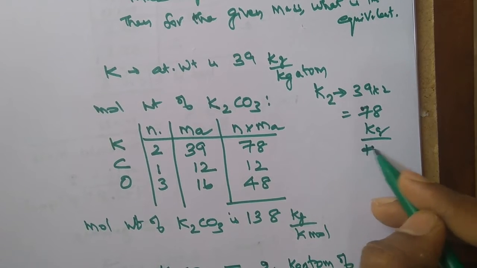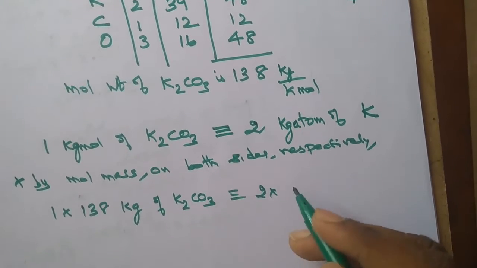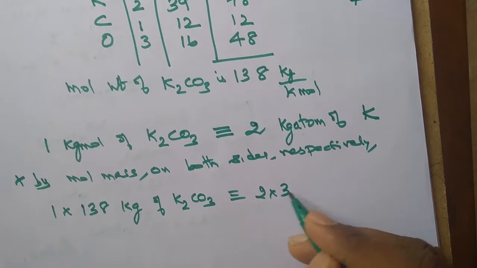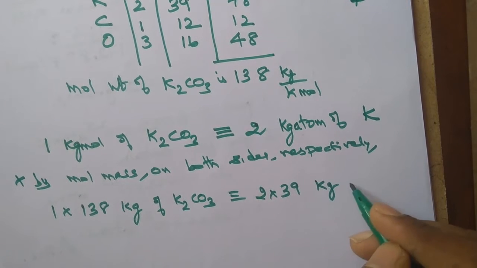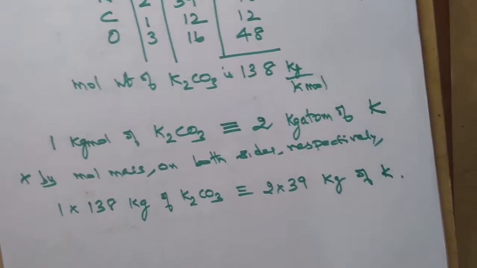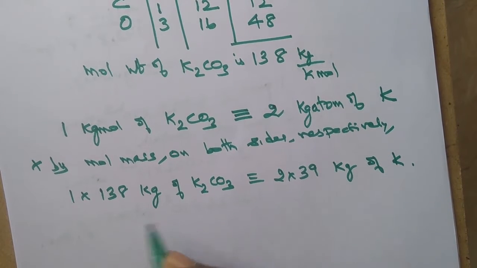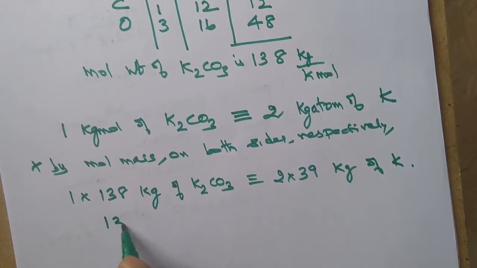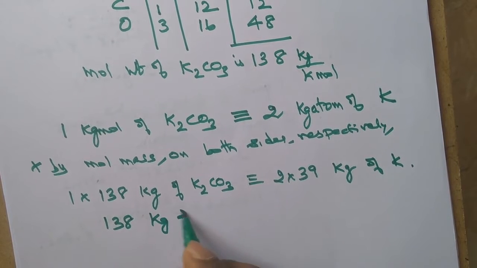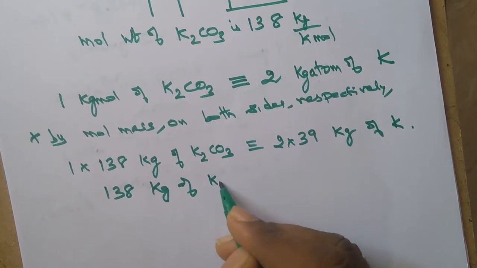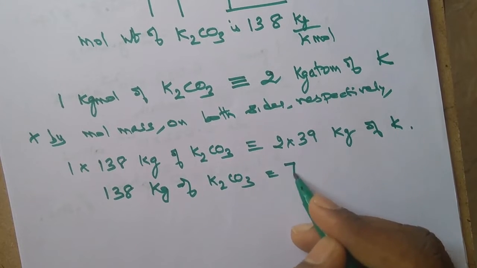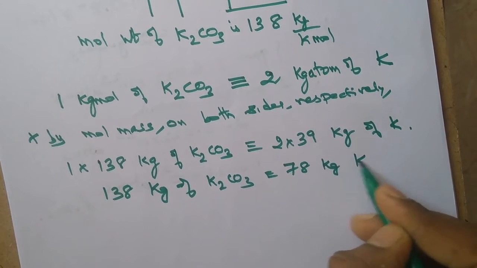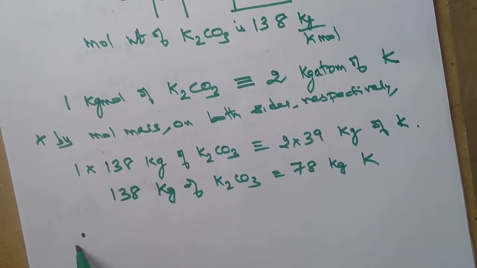So the left hand side is 1 into 138, that is 138 kg of K2CO3. The right hand side says that 138 kg of K2CO3 contains 78 kg of potassium, K.